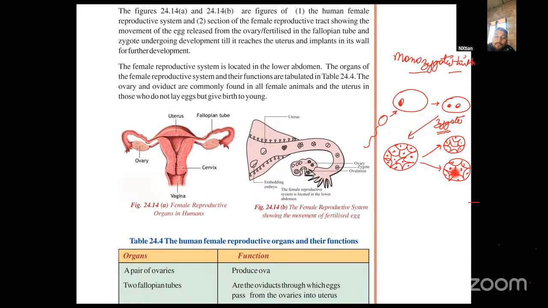These two cells will divide again and again, and they both will implant in the uterus like this.